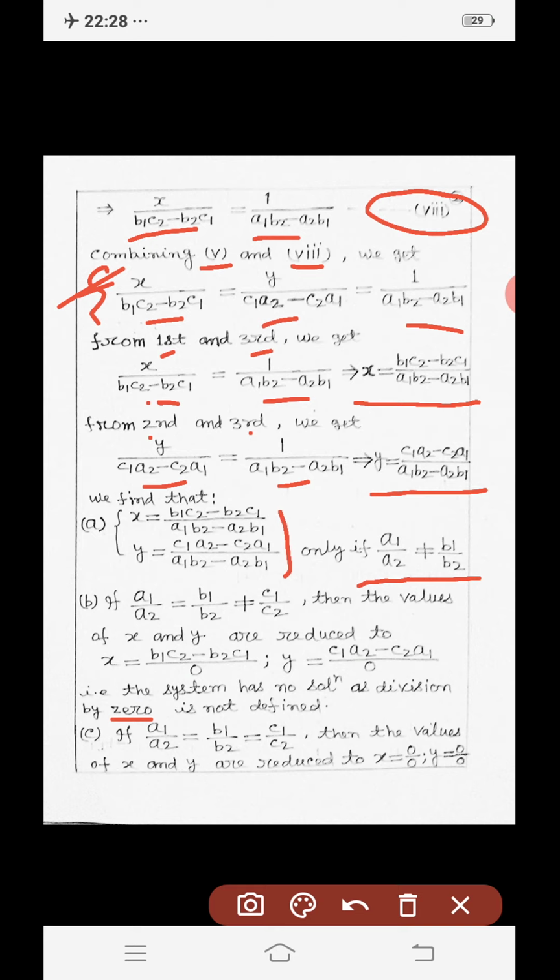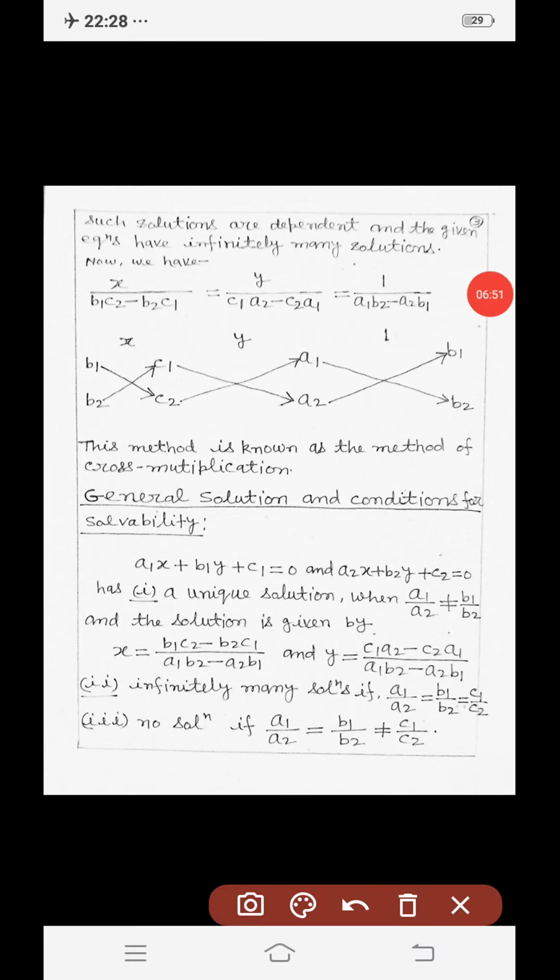C. If a1 by a2 is equal to b1 by b2 equal to c1 by c2, then the values of x and y are reduced to x equal to 0 by 0 and y equal to 0 by 0. Such equations are dependent and the given equations have infinitely many solutions.